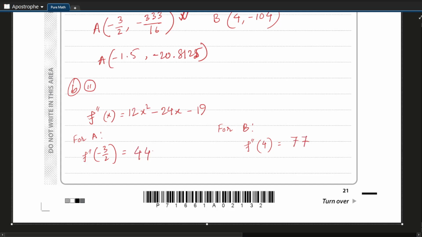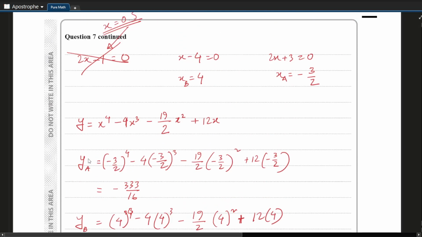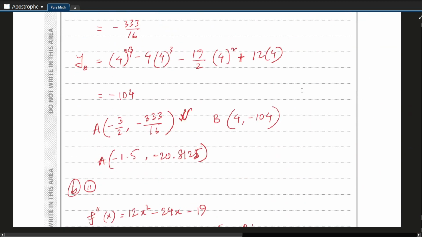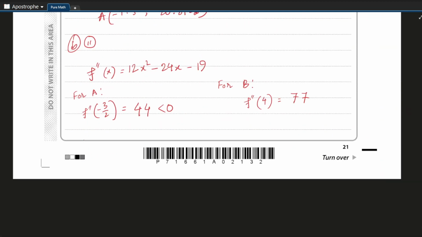So this was 44, which is less than 0. If the second derivative is less than 0, that means this is a maximum. So this is a maximum, and this is also less than 0, that means it is a maximum as well.